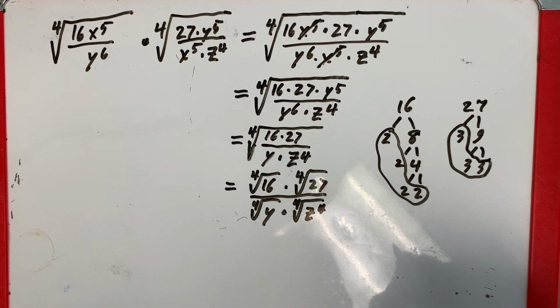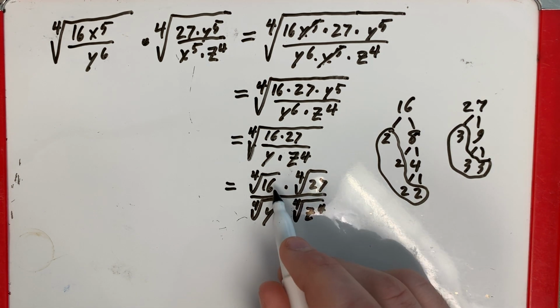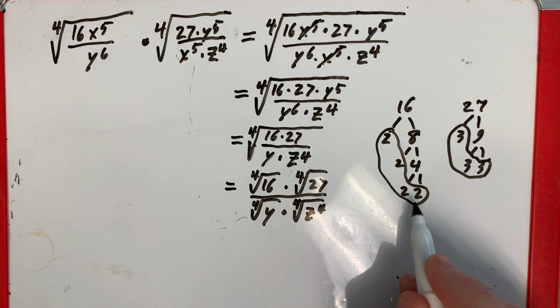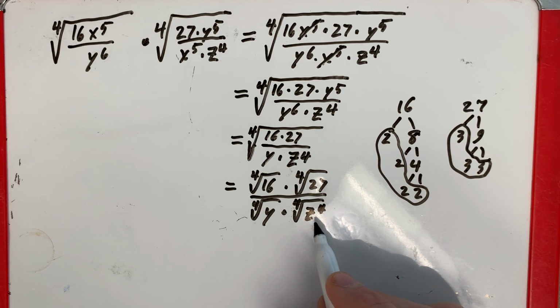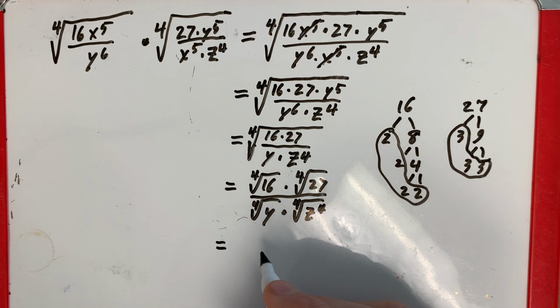So that way I can't cancel the fourth root. I don't have enough 3's. So I'm going to just leave that 27 as is. I'm going to rewrite the 16 as 2 to the fourth. And as before, I'm going to write this guy, the fourth root of z to the fourth, as absolute value of z. So I'm just handling one step at a time for the most part, but keeping things straight in my head.